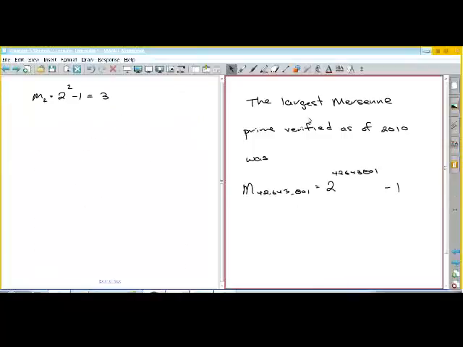Okay, so that was interesting. So these prime numbers that you get by using that formula, the largest Mersenne prime verified as of 2010 was with n equal to 42,643,801. So if you take 2 to this power and subtract 1, it's a prime number.